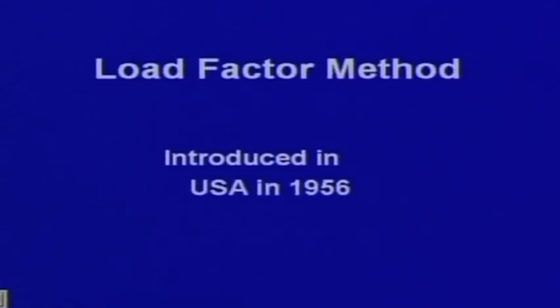We shall come back, but today in this particular class let me give you the overview of the different methods. So, one is the working stress method, that one I have told. Now, let me tell you the load factor method. This one was introduced in USA in 1956, UK in 1957.